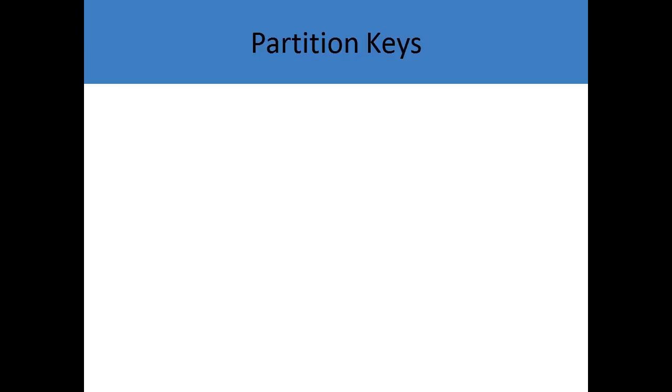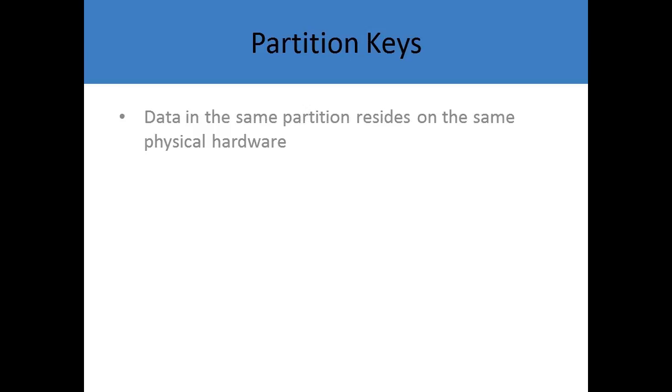Now, one other main thing to consider with the partition keys is actually how they're stored. Data that resides within the same partition will actually also reside on the same physical hardware. Now, again, you don't really have control of that. That's managed up within the Azure data centers, but anything that's in one single partition will reside on the same hardware set.